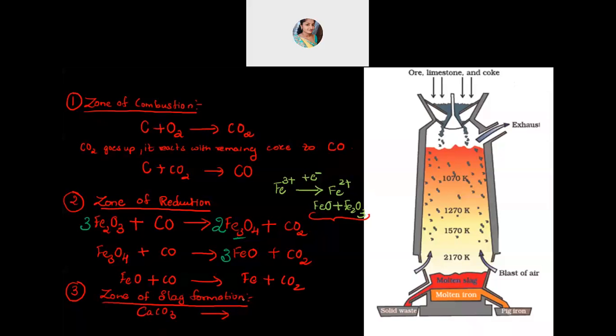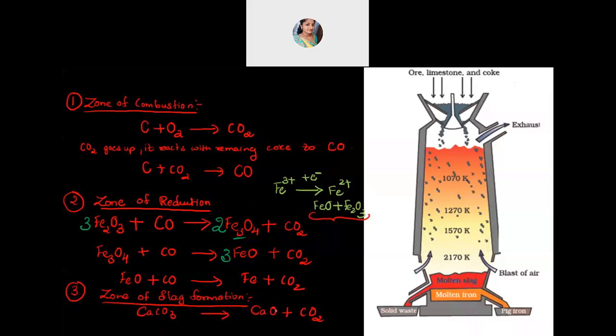That carbonate will break down to give you calcium oxide plus carbon dioxide. See, here also you are getting carbon dioxide. So from everywhere you are getting these gases, which can further react with carbon, coke, and give carbon monoxide. So the reduction reaction becomes easier when from so many places you are getting the reactant.